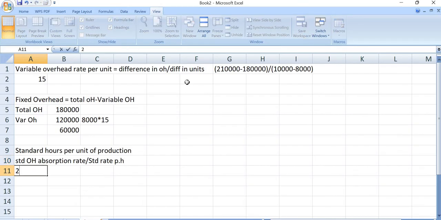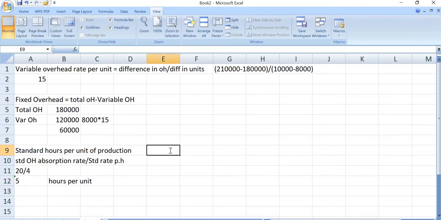So 20 divided by 4. That means I will be getting 5. So 5 hours per unit. So time required is 5 hours per unit.